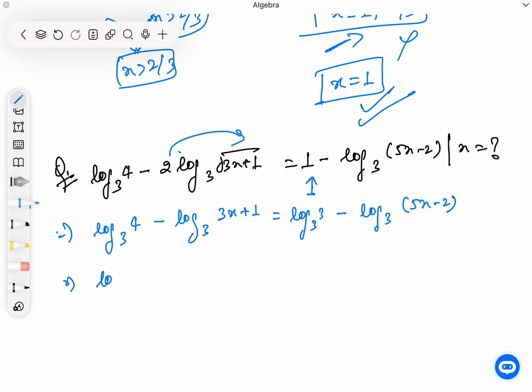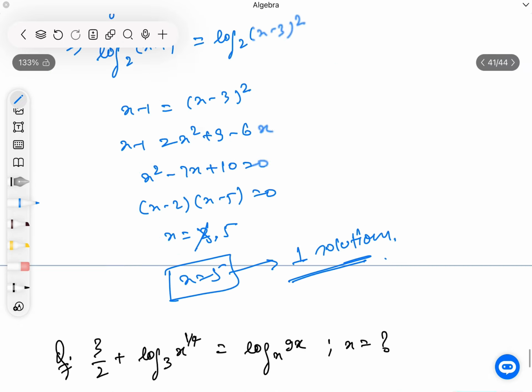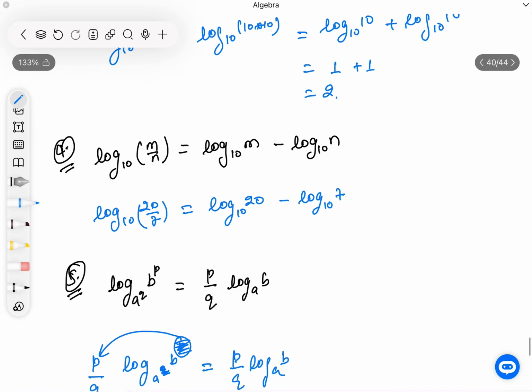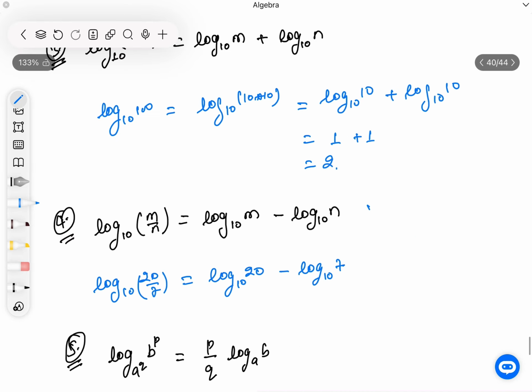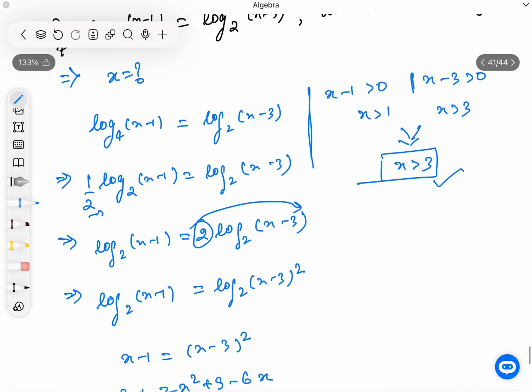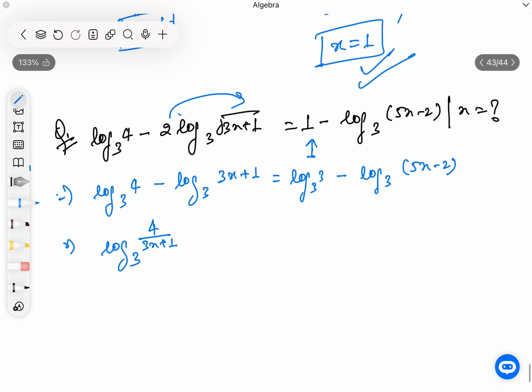So apparently this would be log with the same base, that is 3. Since we are subtracting two logs with the same base, I can bring this in the denominator. Yes, that property, if you remember, yeah, this one. And here also we are subtracting.